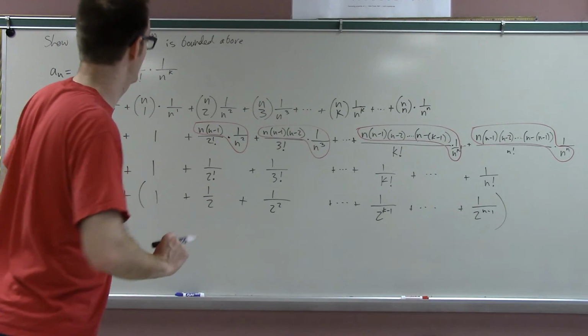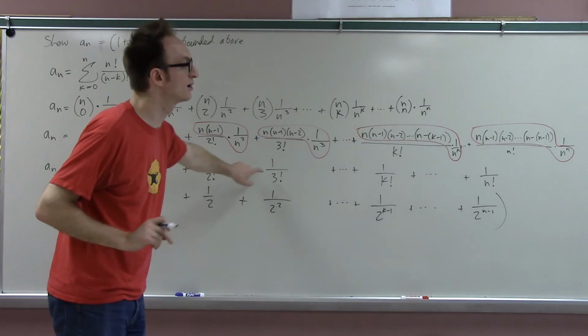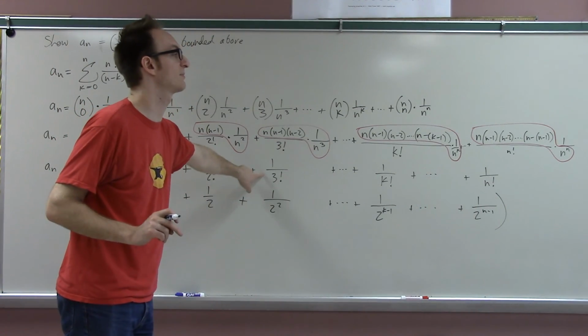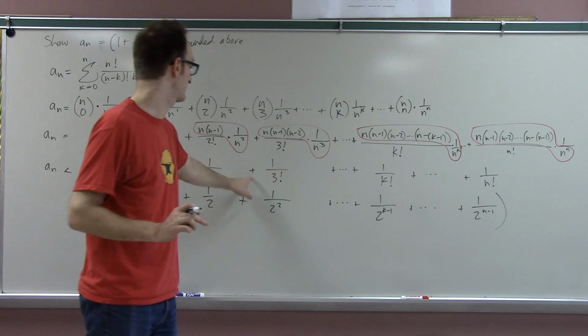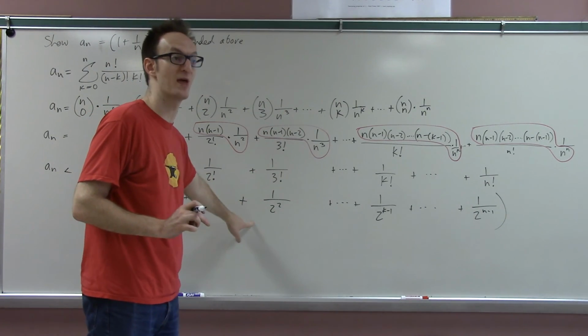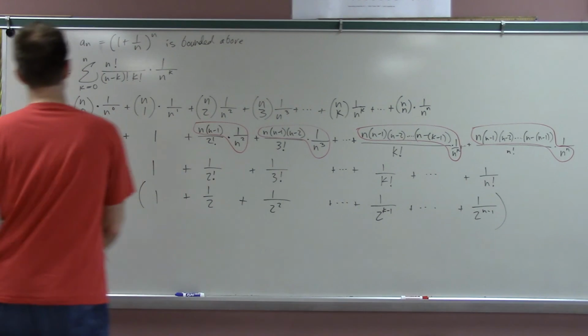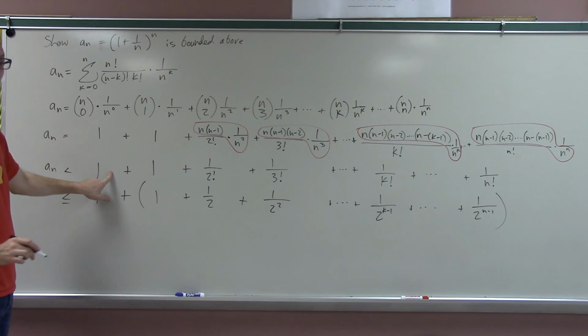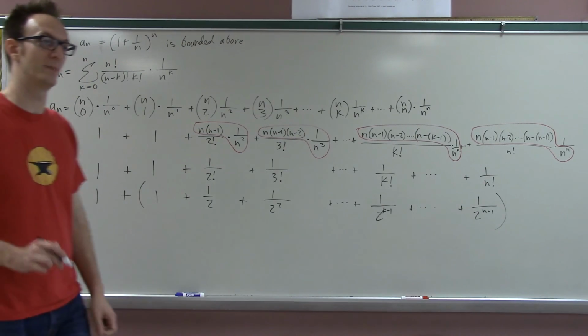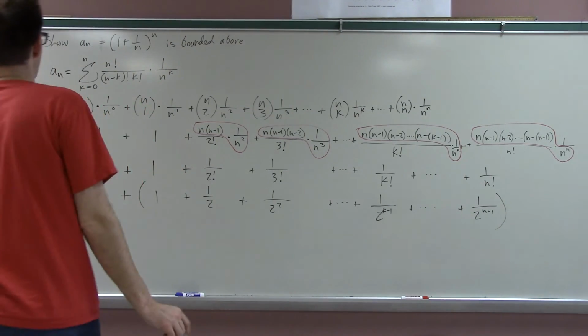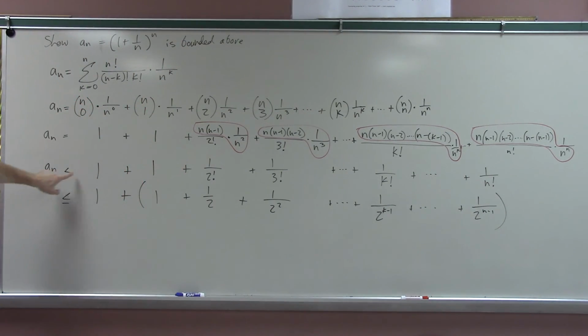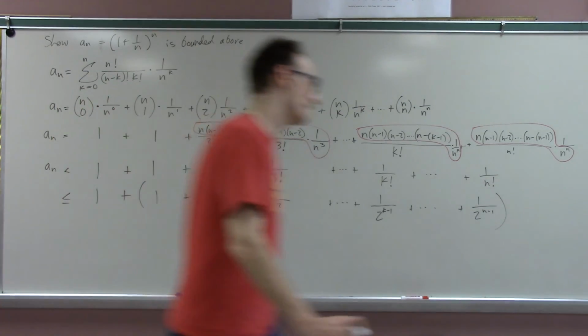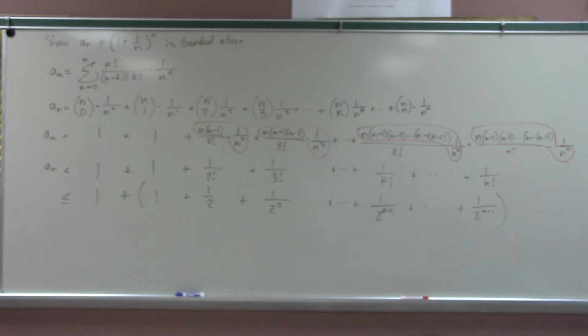And what I did is I took it term by term, and replaced something with something which is guaranteed to be bigger than or equal to it, right? So this next line must be greater than or equal to the previous line. Okay, so I had a sub n, I showed that a sub n is less than this, which is in turn greater than or equal to this.